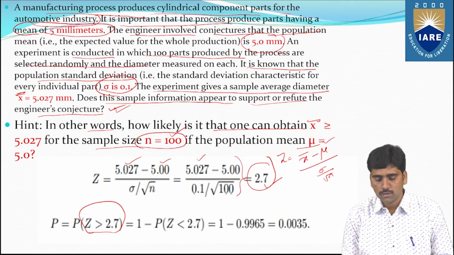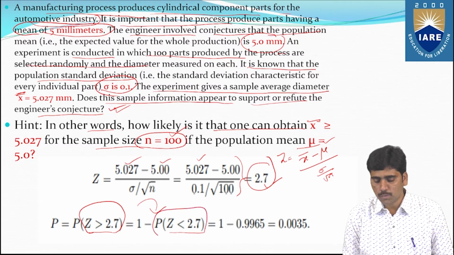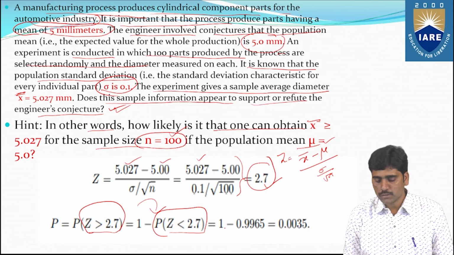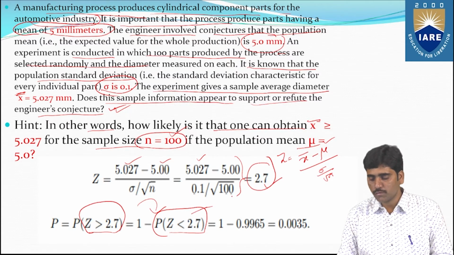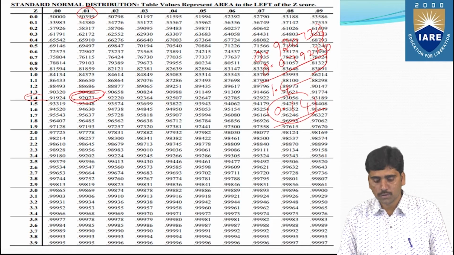So P of Z greater than 2.7 you can write as 1 minus P of Z less than 2.7. From the table, you have to see the 2.7 range.